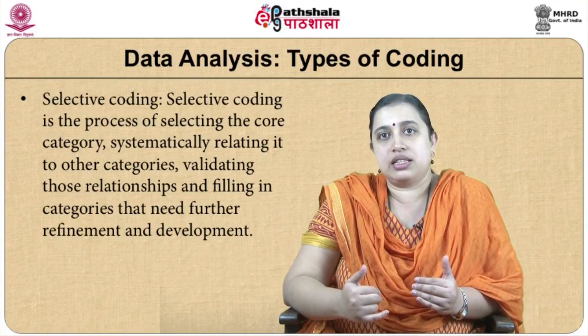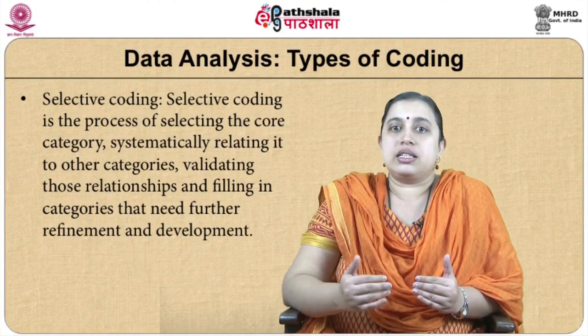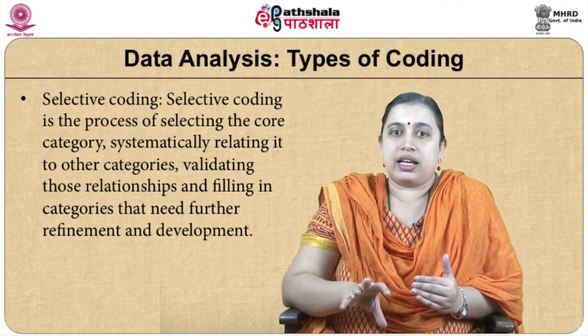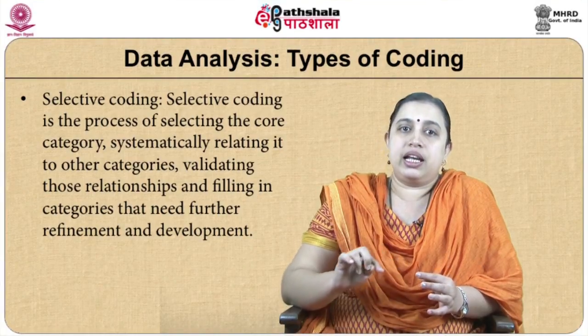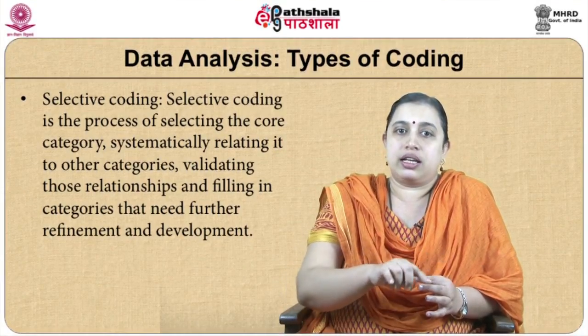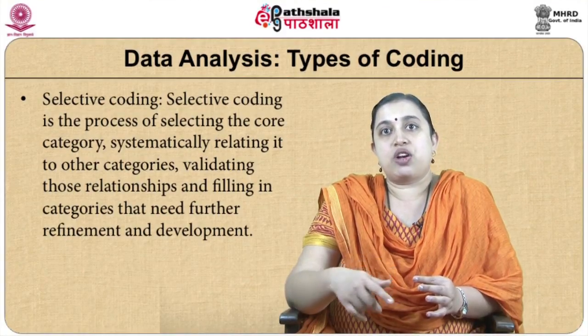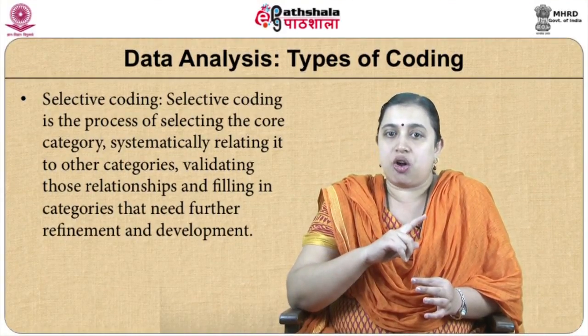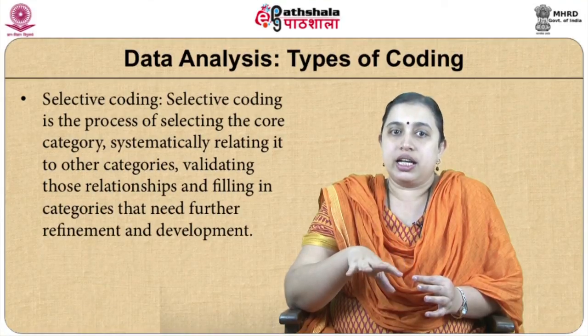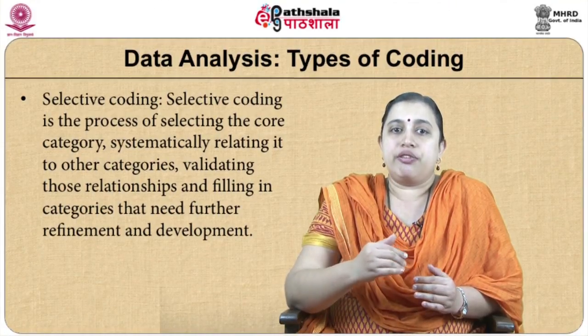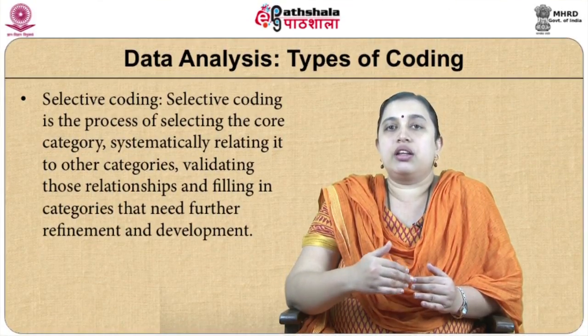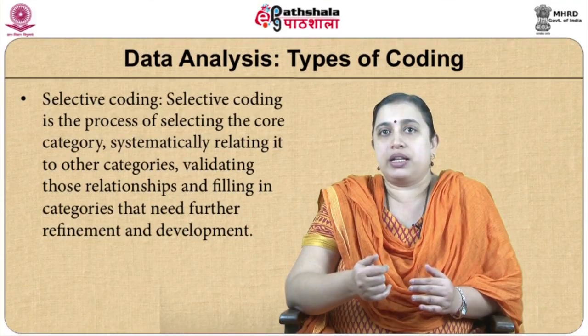Then the third is selective coding. It is the process of selecting the core category and systematically relating it to other categories which have emerged from the data, or some of which might also be there in your initial conceptual map. Validating those relationships and filling in categories that need further refinement and development.